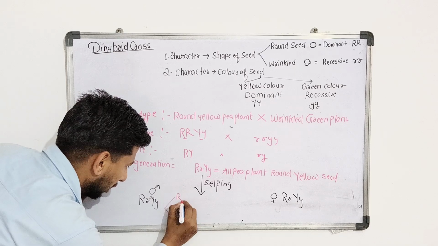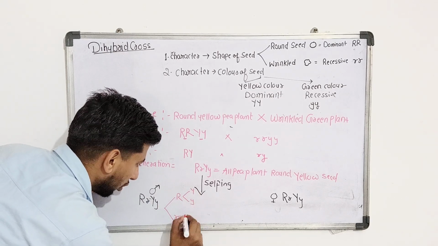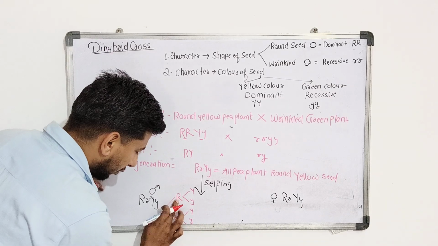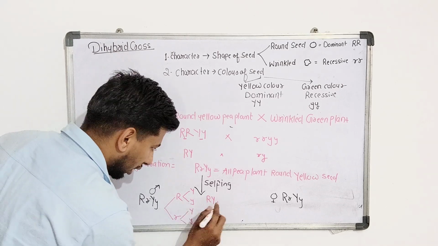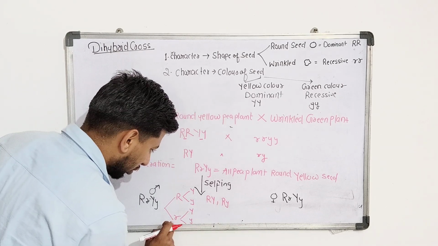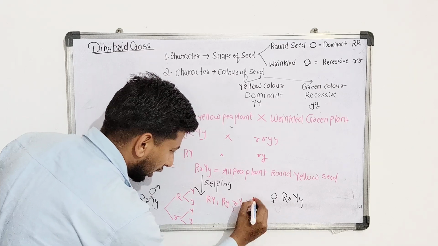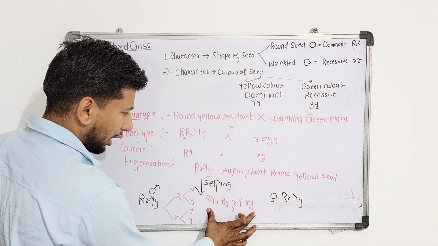This is capital R, this is small r, this is again capital Y, small y, capital Y, small y. So the gametes will be capital R capital Y, capital R small y, small r capital Y, and small r small y. These are the four different gametes of male.